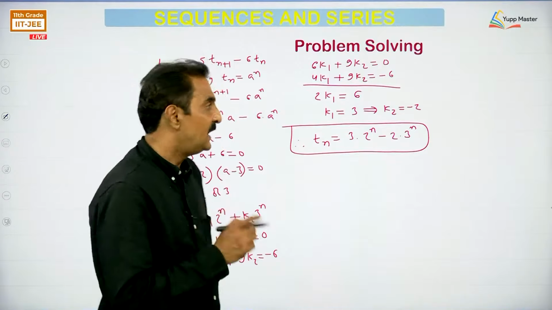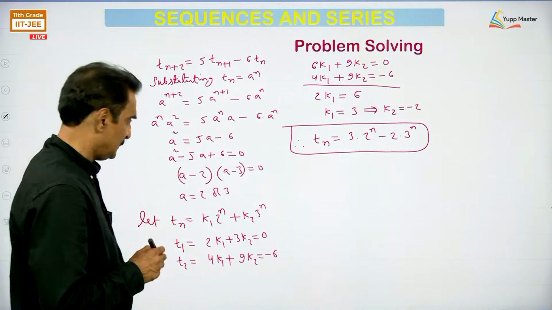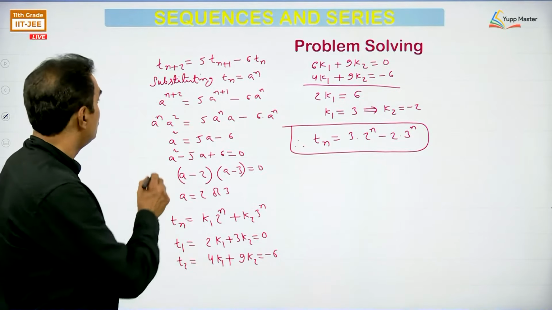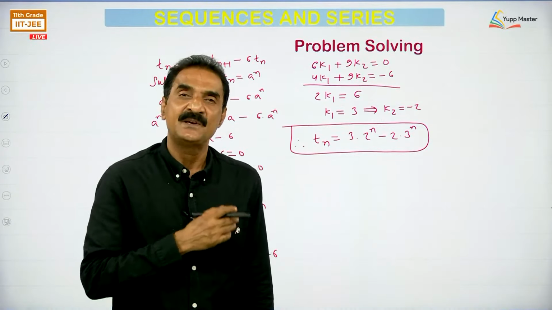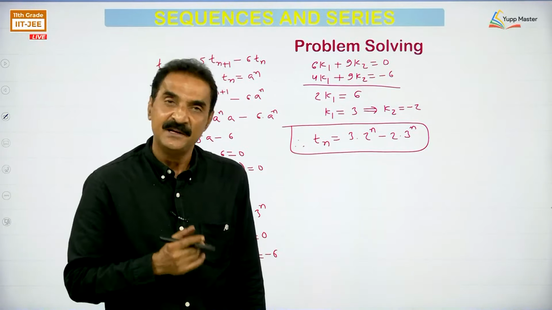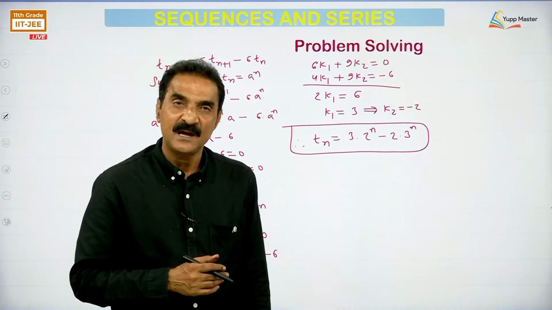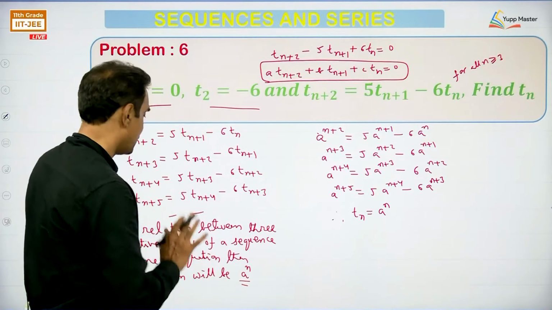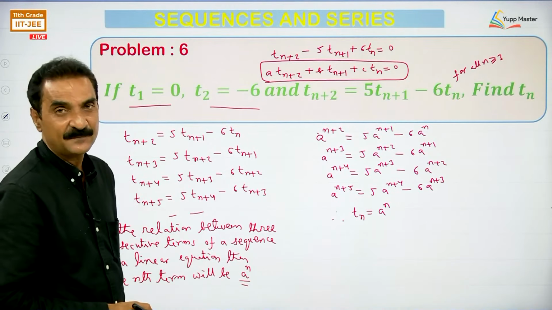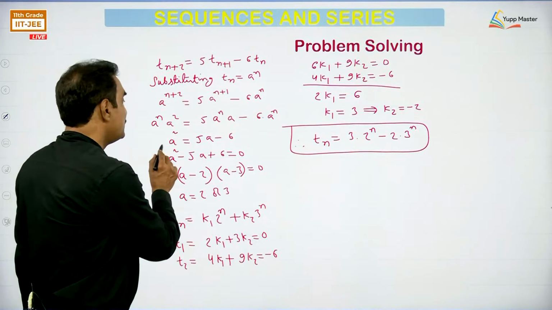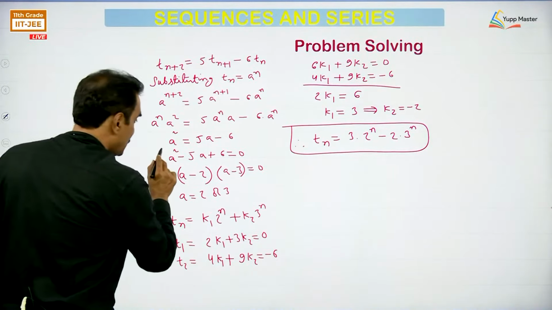And I would like to give you some more important points here. Whenever the relation between three consecutive terms is a linear relation, linear equation, then the nth term is going to be a power n. Then putting a power n in place of Tn, then definitely you will get a quadratic equation like this.